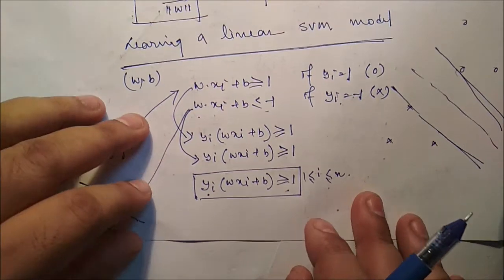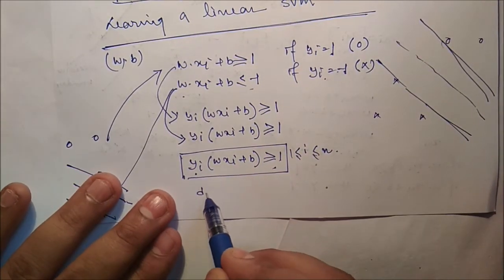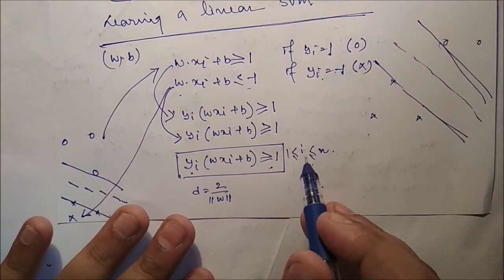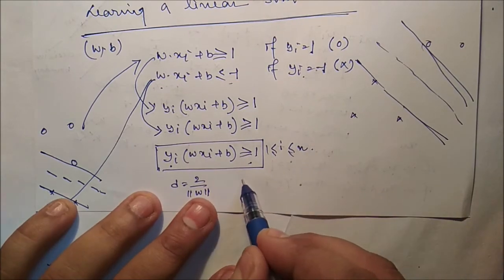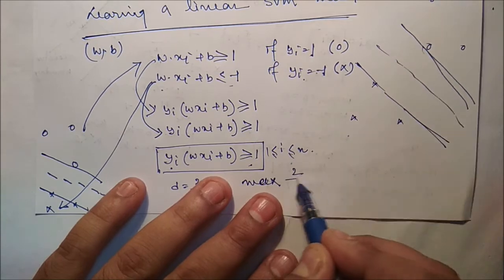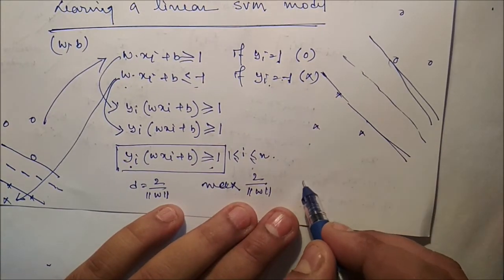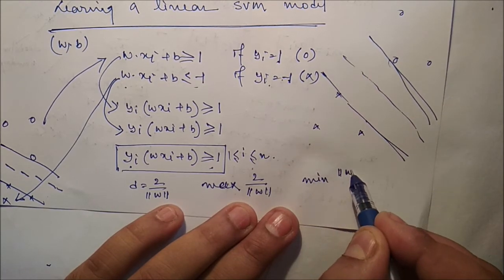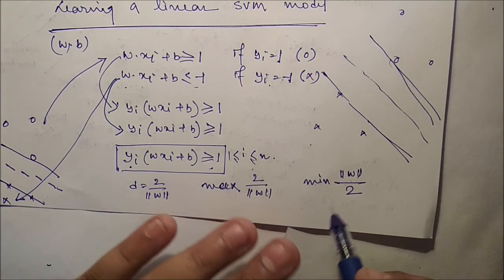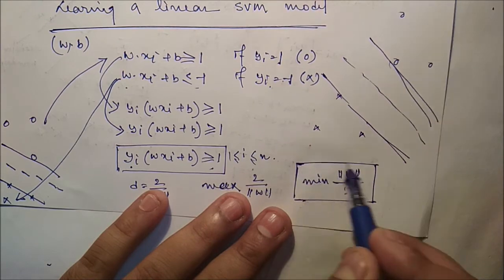We have already identified the width of the margin: d is equal to 2 by the Euclidean norm of w. So our aim is to maximize d, or equivalently minimize norm of w by 2. This is our objective function: we have to minimize the Euclidean norm of w.